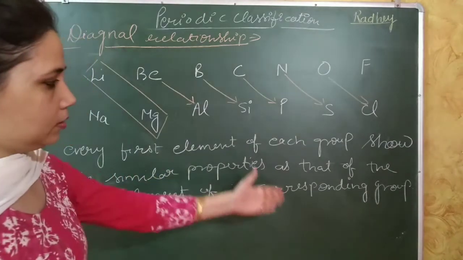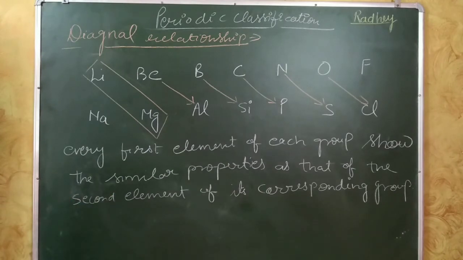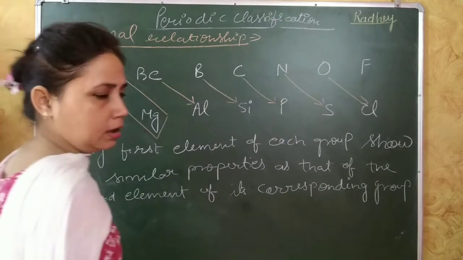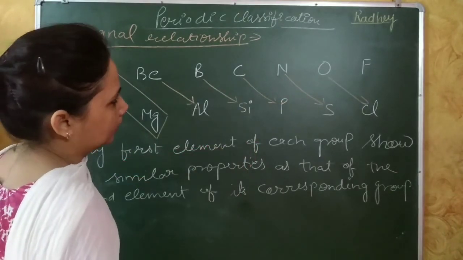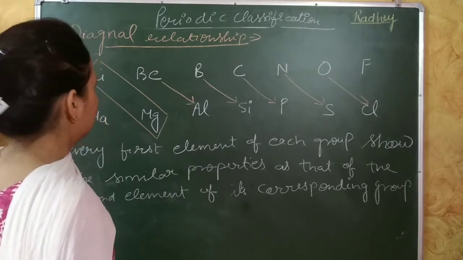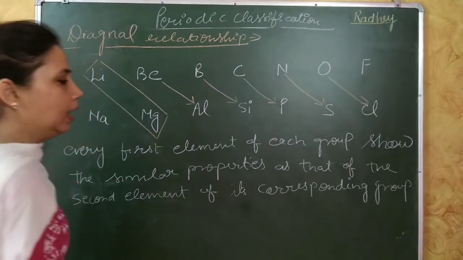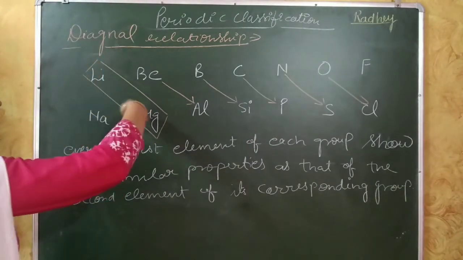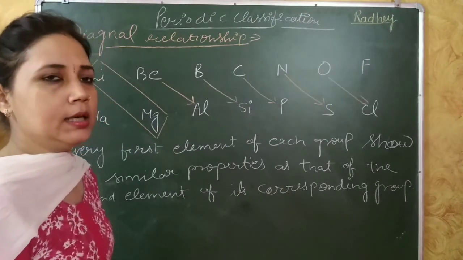I have also written a definition of this: every first element of each group shows similar properties to those of the second element of its corresponding group. This pattern is known as the diagonal relationship of the elements, in which they have some similar properties from the first group element to the second one.